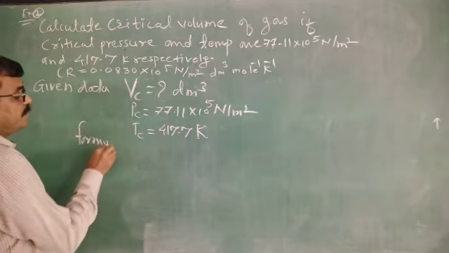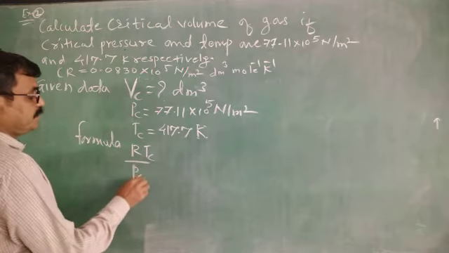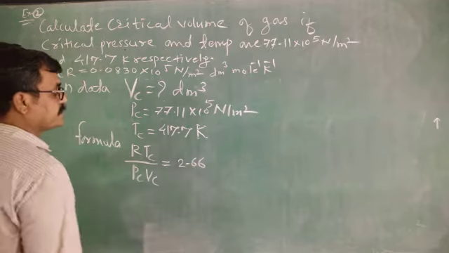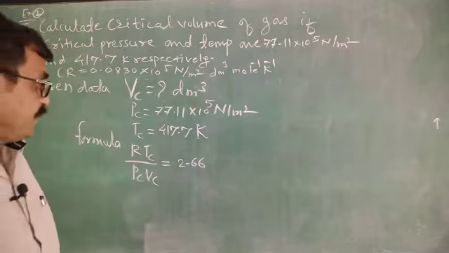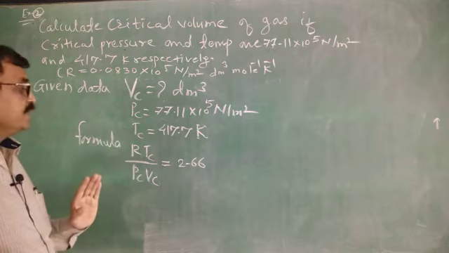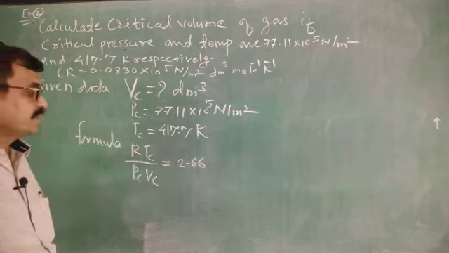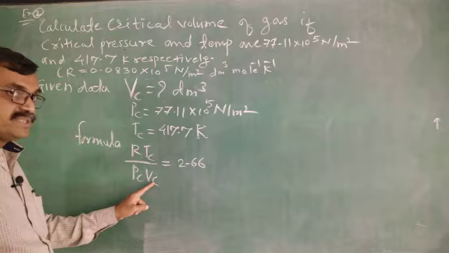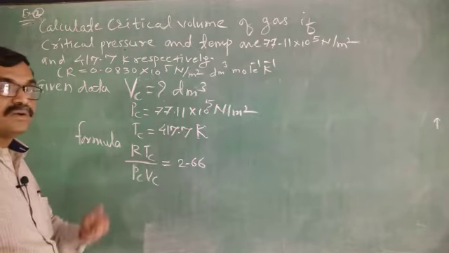Now formula RTC upon PCVC is equal to 2.66. Means if you know any two among these PC, VC, TC, then you are able to find out the third. If you know TC and PC, you are able to find out VC. If you know PC and VC, then you are able to find out TC.